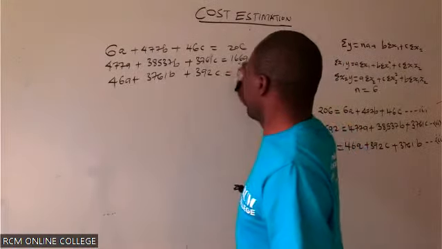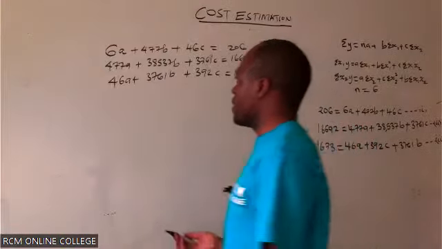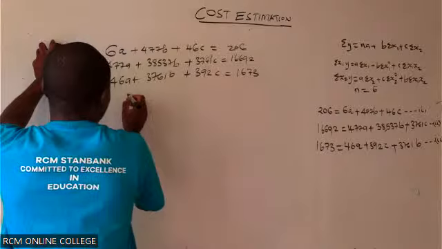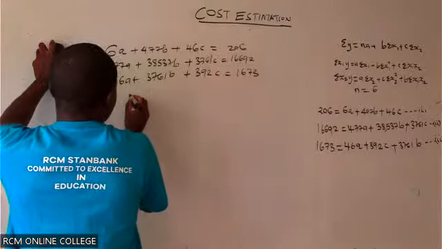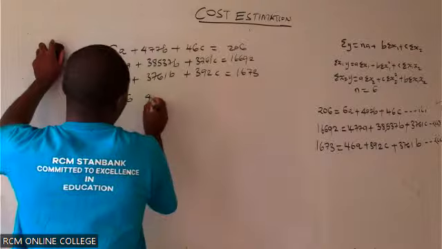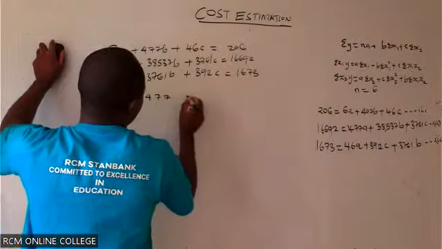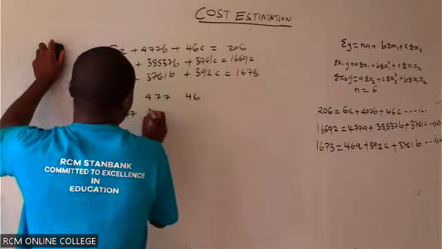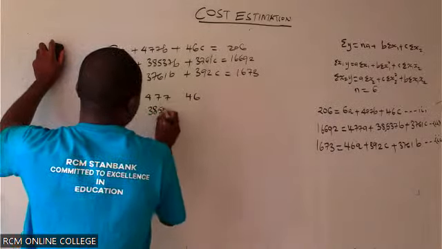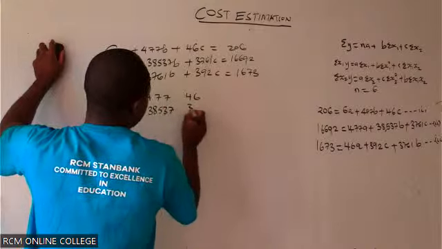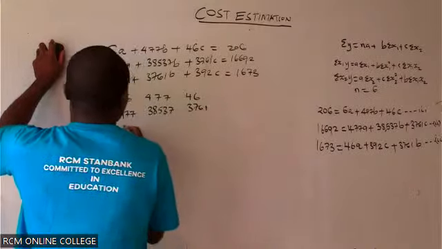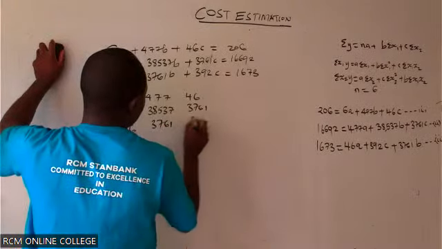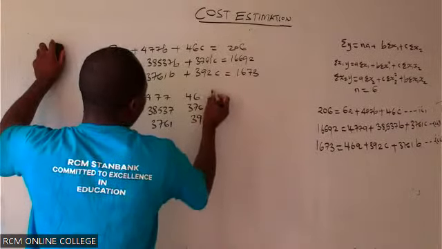After having this arrangement pattern, we now go ahead and come up with the matrix. How will the matrix look? The square matrix, that is 3 by 3, will be 6, 477, 46; 477, 38,537, 3761; 46, 3761, 392.